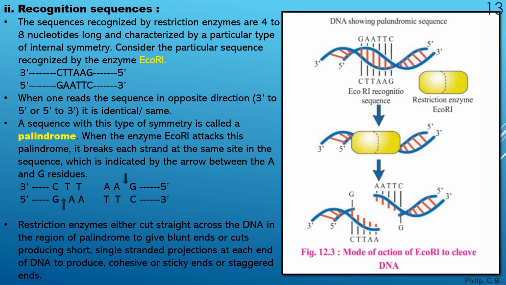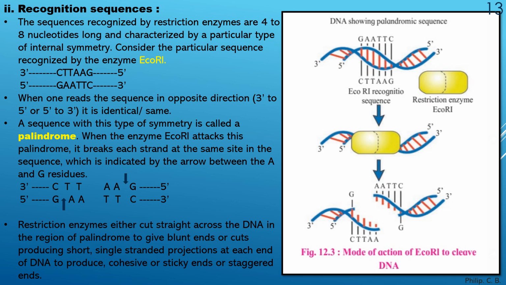You can see 3' CTTAAG 5' or 5' GAATTC 3'. When one reads the sequence in the opposite direction, 3' to 5' or 5' to 3', it is identical. A sequence with this type of symmetry is called a palindrome.